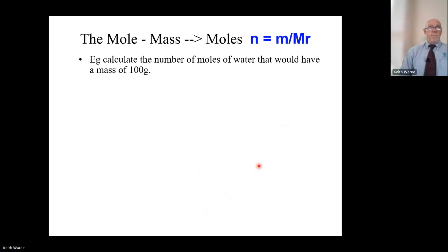Right, let's do some examples. Do that one. I'm giving you the formula. Do it on the page, or you can do it on paper if you want to. Calculate the number of moles of water that would have a mass of 100 grams. In 100 grams of water, how many moles do I have?